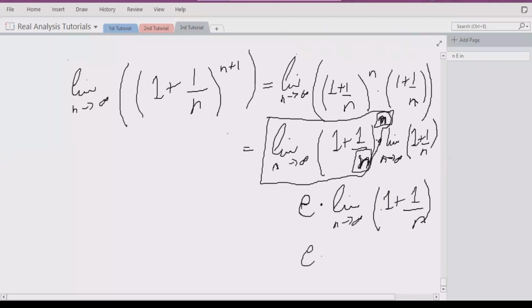Applying the limit inside the bracket, the limit of 1 is 1 and the limit of 1 over n is 0, so e times 1 is e.